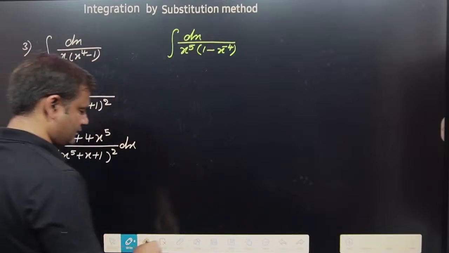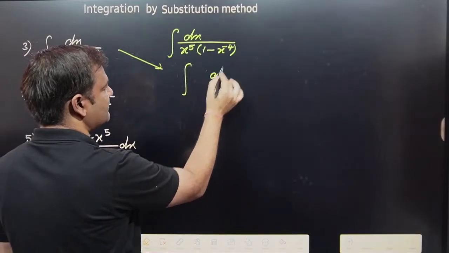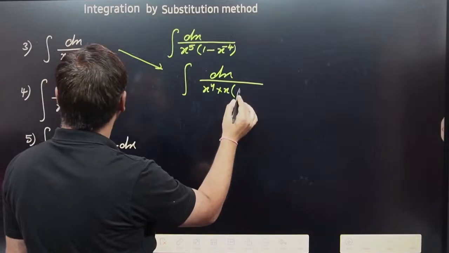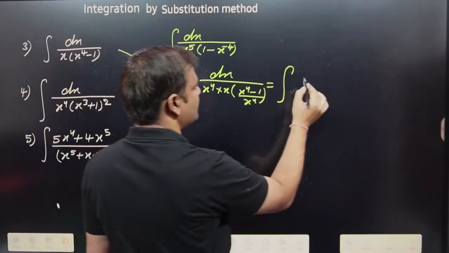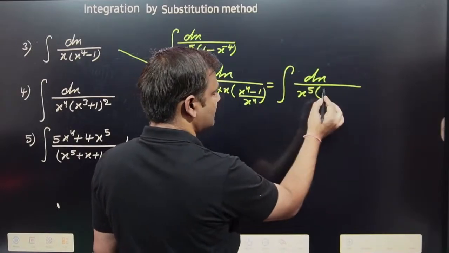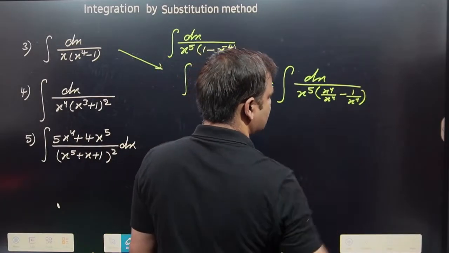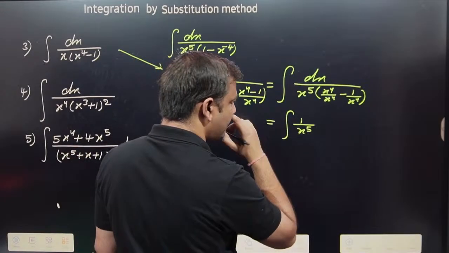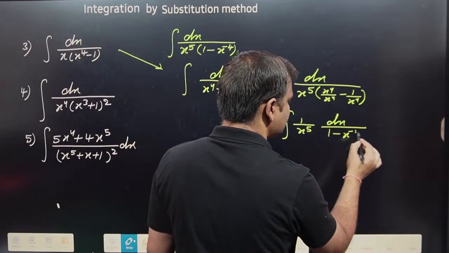Basically, if you face any doubt, when x to power 4 is common, we write x to power 4 minus 1 upon x to power 4. So dx divided by x to power 5 into (x to power 4 upon x to power 4 minus 1 upon x to power 4). Now next, 1 upon x to power 5 into dx divided by 1 minus x to power minus 4.